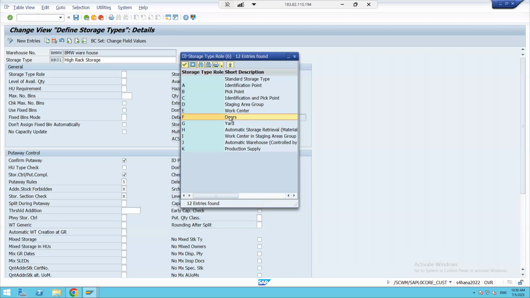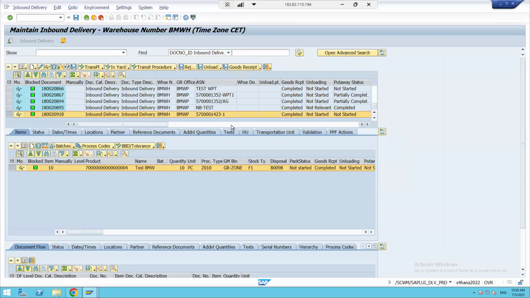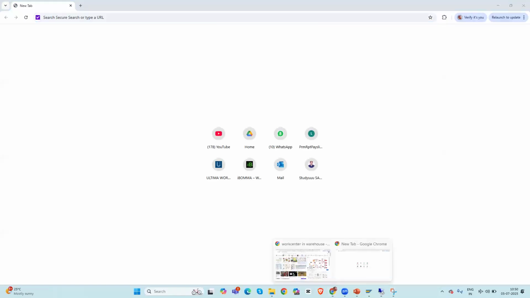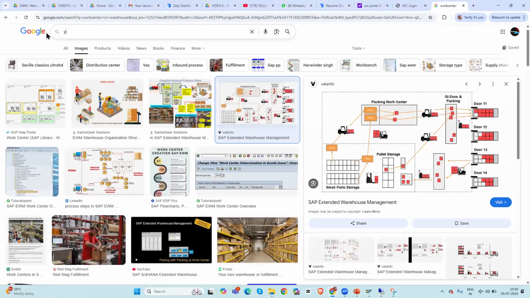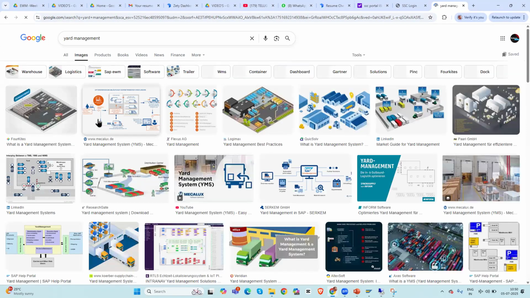And yard. Yard means what? What is yard management? Where the trucks of the warehouse will be parked. Yard management means, can you see?